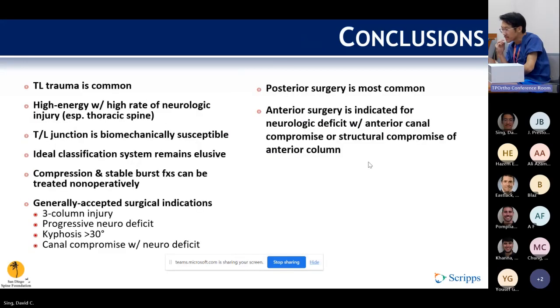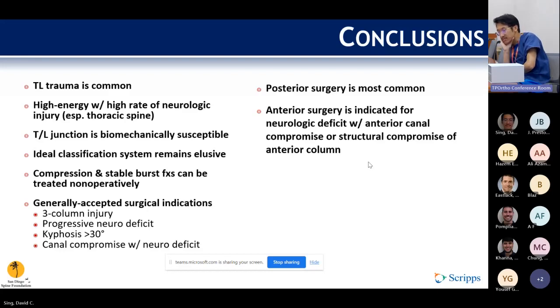So overall takeaways: it's a common injury everyone sees on call. Likely high energy with other associated injuries. Want to be especially thoughtful around the thoracolumbar junction, which is a vulnerable area of the spine.